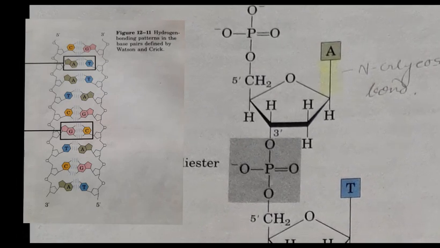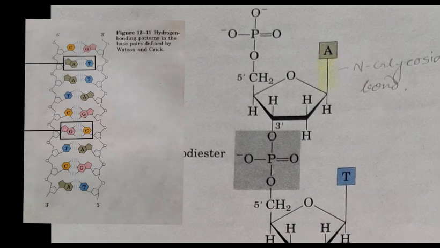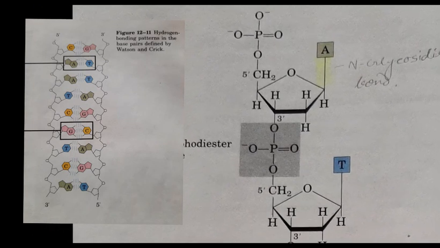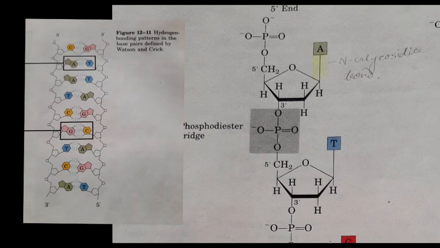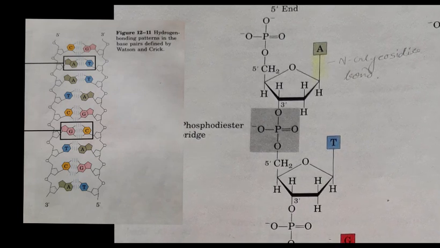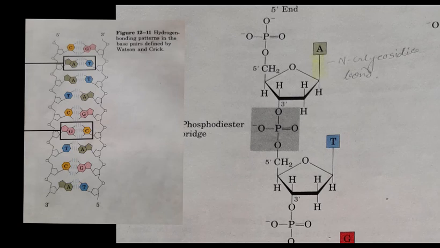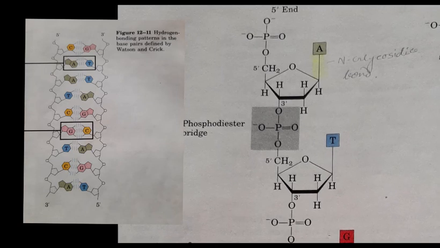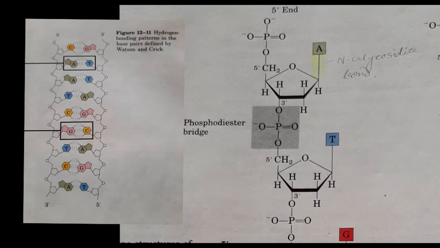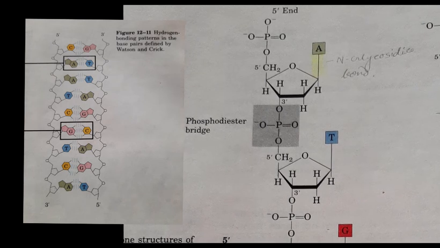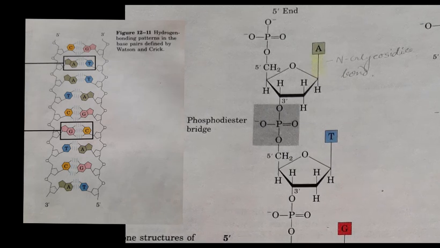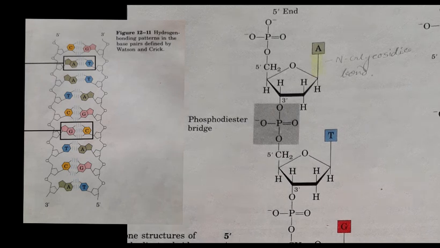The 1' carbon makes a bond with the pyrimidines at nitrogen 1 position and with the purines at N9 position, and such a linkage is called N-glycosidic linkage.